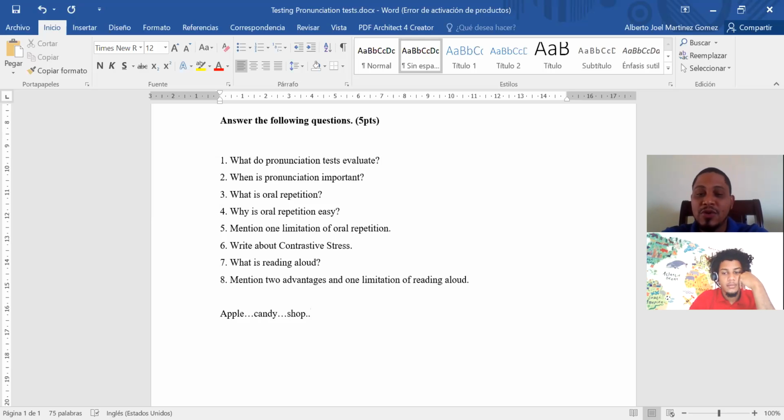You tell your students, okay, guys, you are going to repeat whatever I say. Apple, apple, candy, candy, shop, shop. This is oral repetition, very easy. Students don't need to write or read. Remember, they're only listening to you.